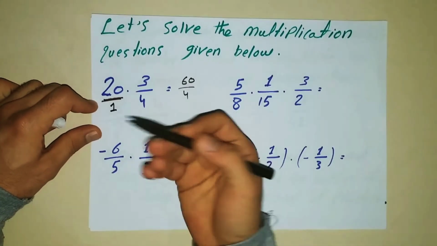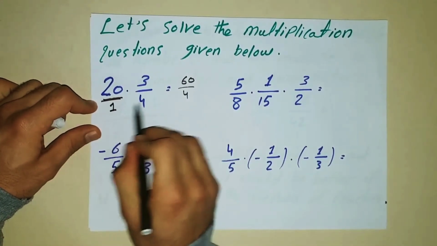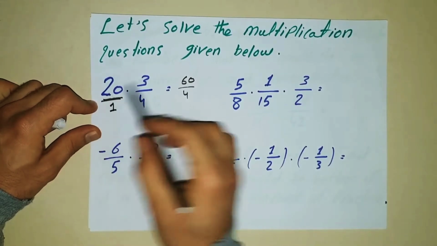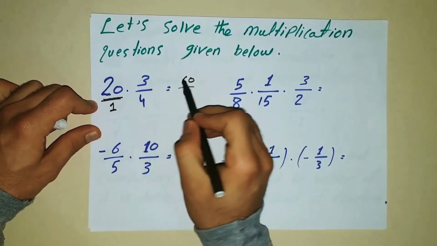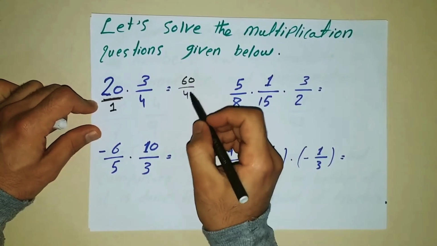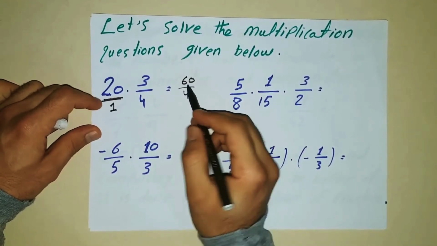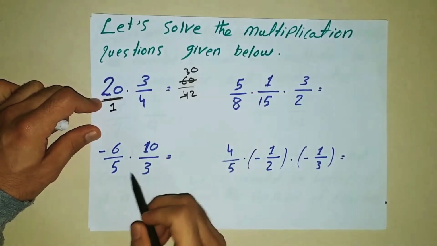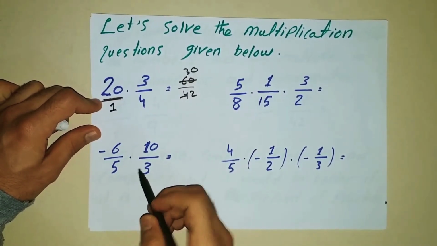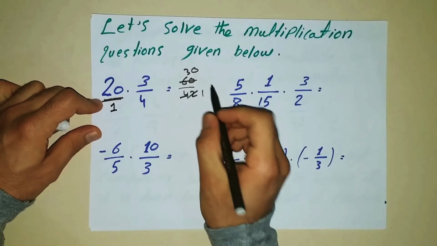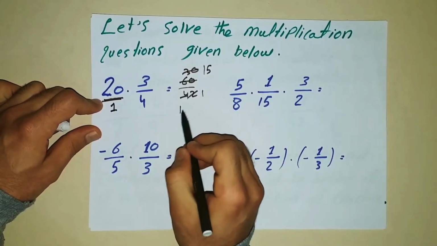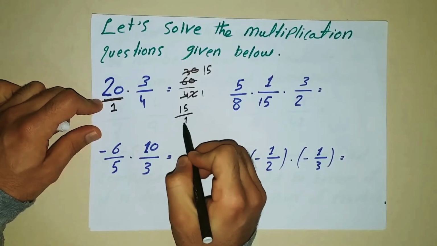In addition, we make the denominators equal, but in multiplication, we multiply them directly. And after multiplication we can simplify them. Now I can simplify with 2: 2 2s are 4, and I can simplify more, with 2 1s are 2, 2 15s are 30. So our final result will be 15 by 1.